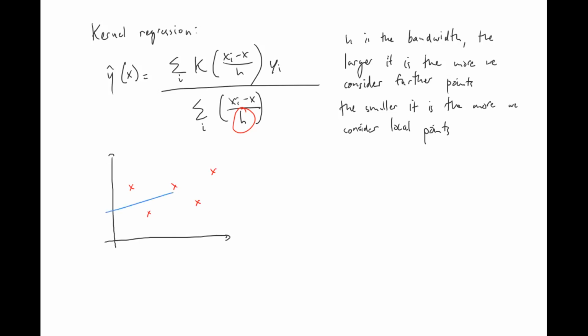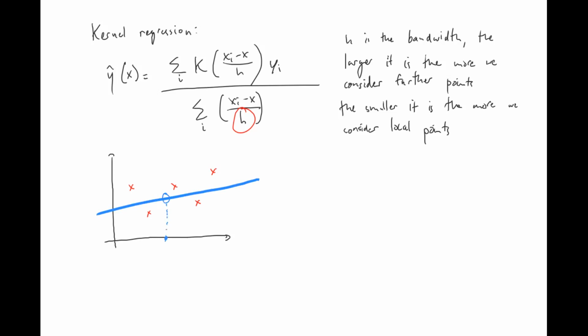So without making our line here, if we wanted to estimate points of X and predict what they would be, you can imagine that you can use local data to do so. So in the traditional way, we might have a line here. And if I wanted to say, okay, what is Y when X is at this exact point? Well, I can draw a line and figure out it's right here.